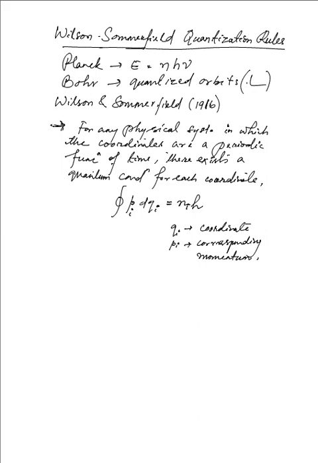For a one-dimensional simple harmonic oscillator, the total energy is simply the sum of the potential and the kinetic energy, which is equal to half kx squared plus half px squared divided by m, px being the momentum along the x direction.